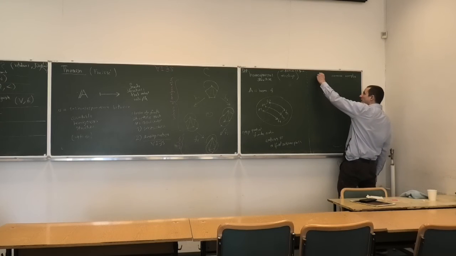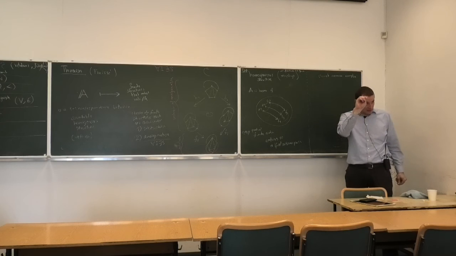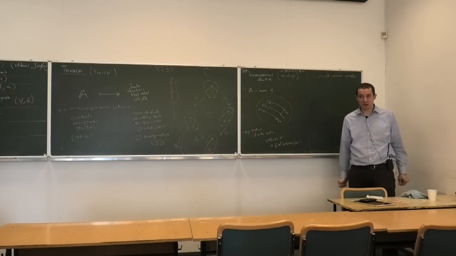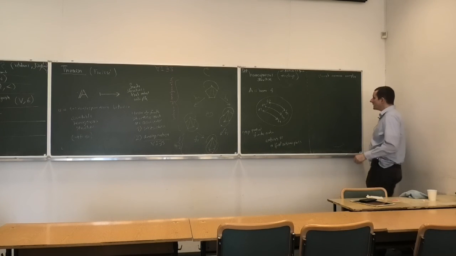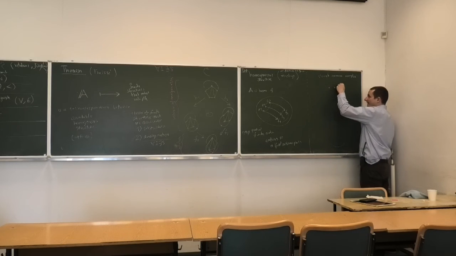So let's start with this. It's a 3-argument relation, which says this guy is the closest common ancestor. So why is there a problem? Well, it's the same exact thing.